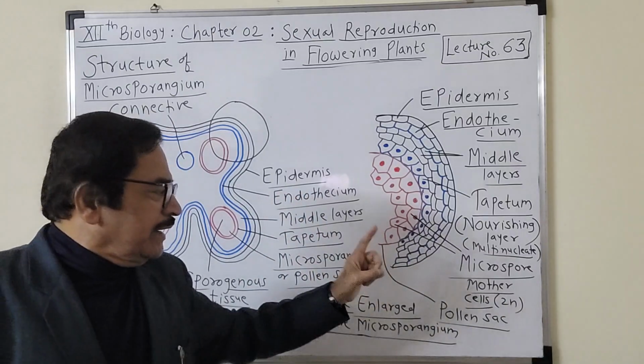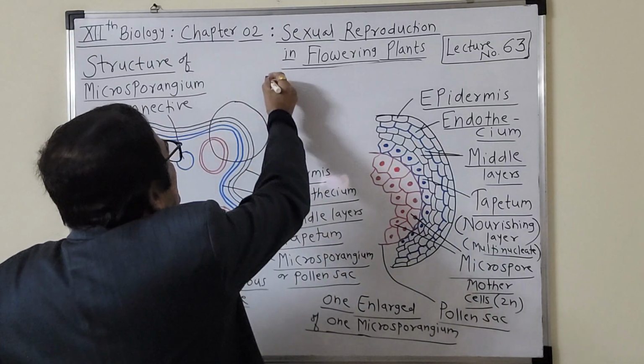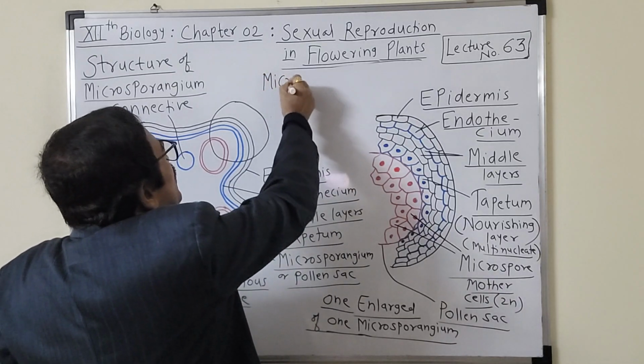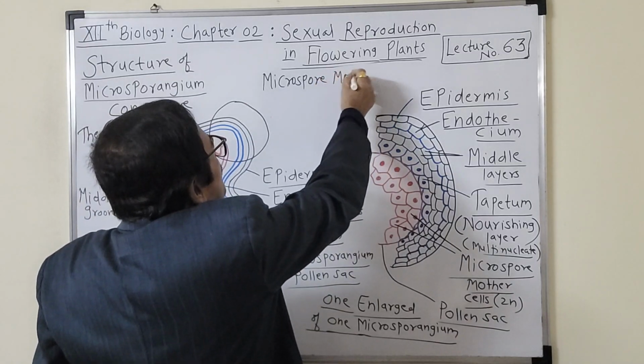Now each microspore mother cell, which is diploid, undergoes meiosis division. This is a very important step, my friend.